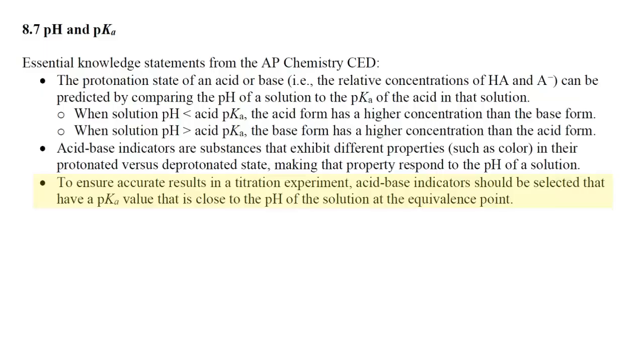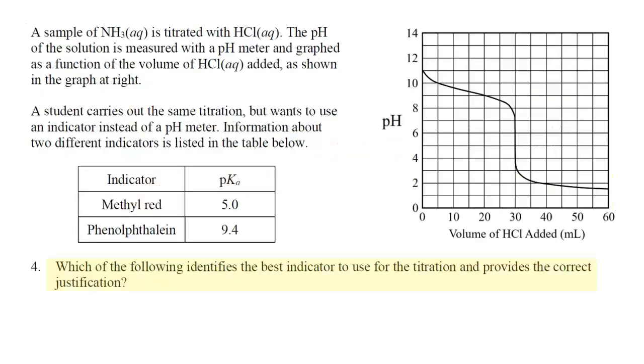Let's go ahead and take a look at the titration curve. And where is the location of the equivalence point? Well, that's going to be where that rapid change in pH occurs, which on the x-axis would be after 30 milliliters of hydrochloric acid is added. Now, to estimate the pH at the equivalence point, it's normally in the middle of that rapid change in pH.